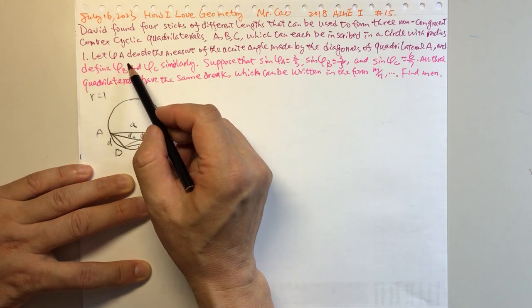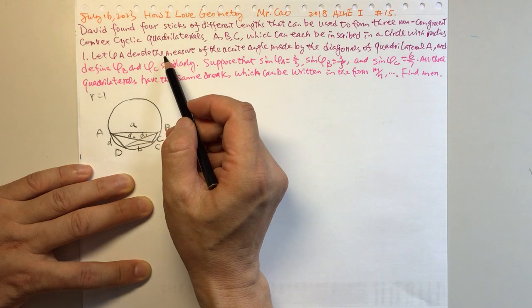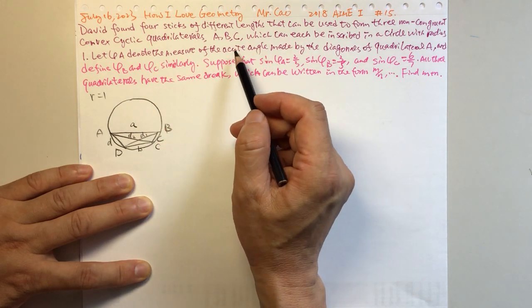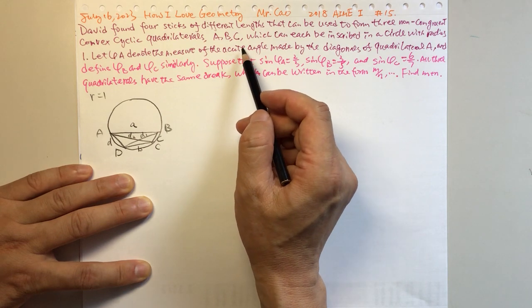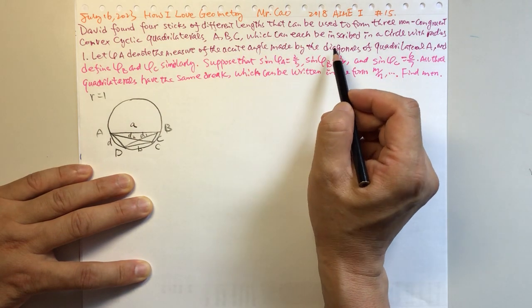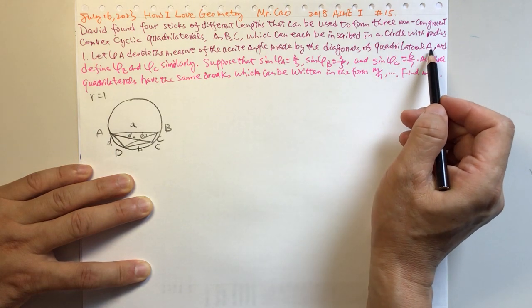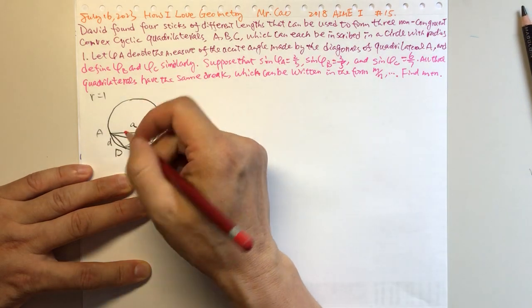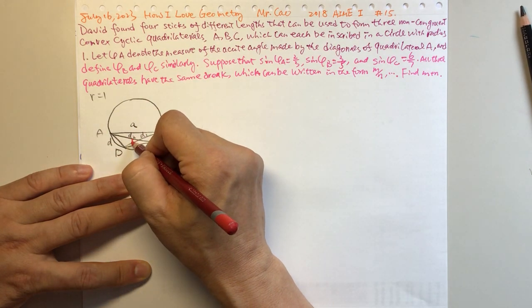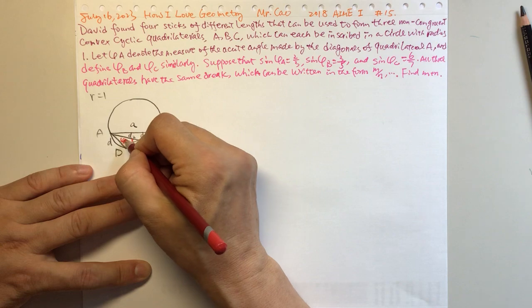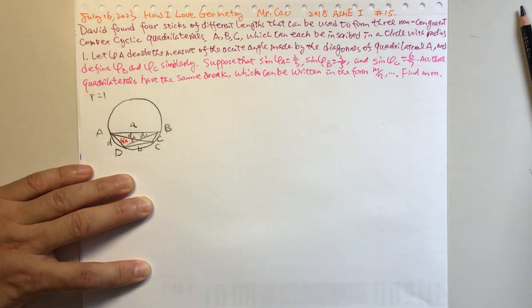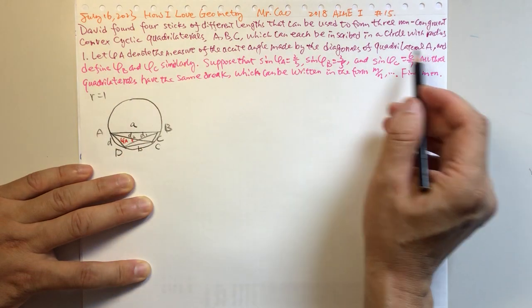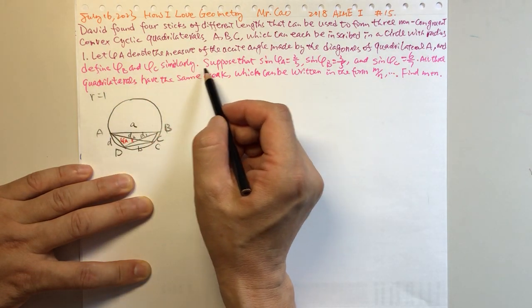Let phi A denote the measure of the acute angle made by the diagonals of quadrilateral A. So D1 and D2, and this angle, let us say, is phi A. And define phi B and phi C similarly.